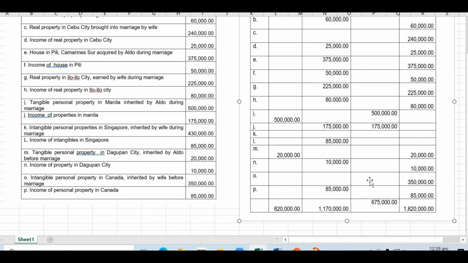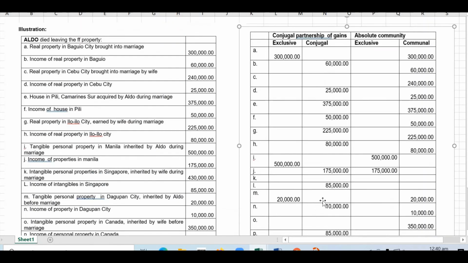However, sa absolute community, all property owned before marriage shall form part of the communal property. Okay? And lastly, ang income nun, in conjugal partnership of gains, even if the property is exclusive, conjugal pa rin yung income. However, in the absolute community, the income is part of the communal property kasi communal yung property niya. Yung related income ng property, basta communal, communal din yung income.